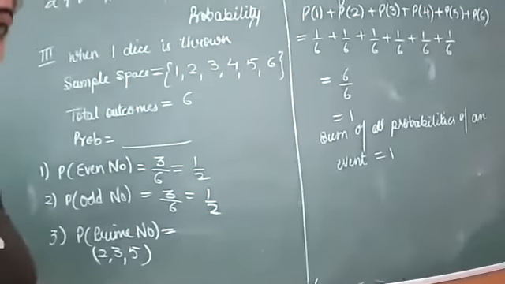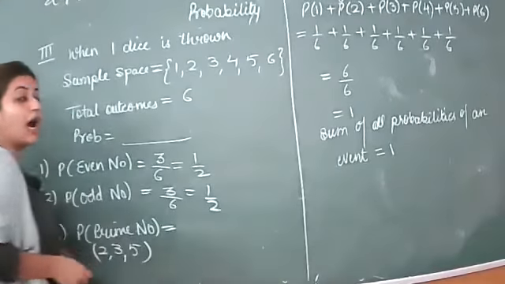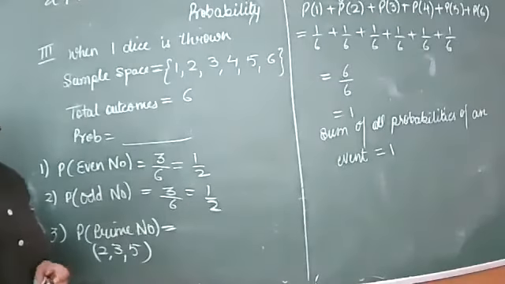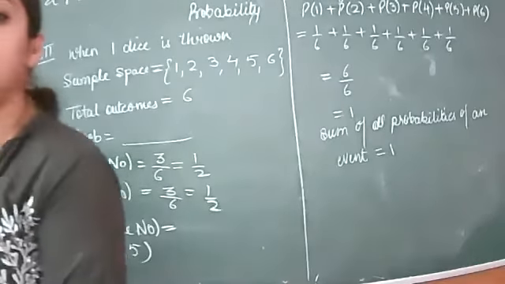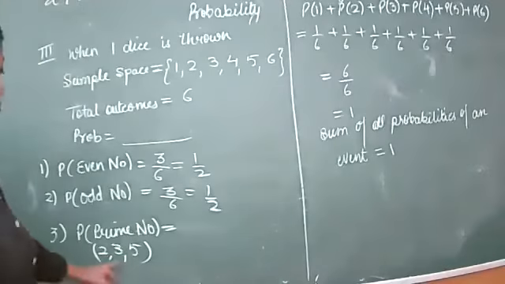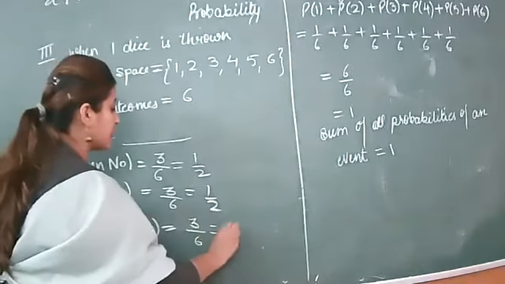Did you know this thing? There are infinite prime numbers, and out of those, 2 is the only even prime number and the rest are odd prime numbers. So we have 3 prime numbers, so answer will be again 3 by 6, that is 1 by 2.